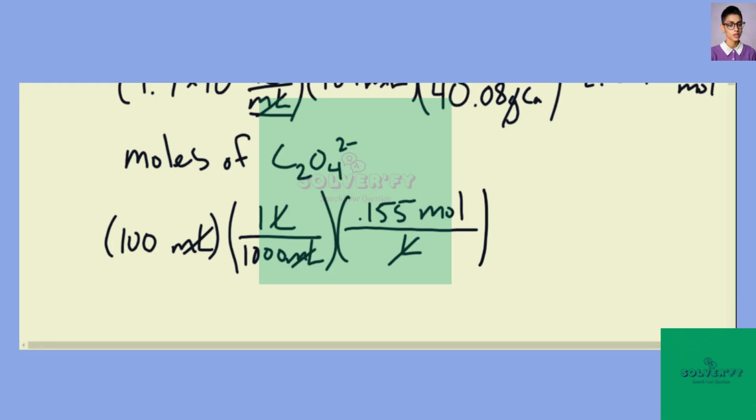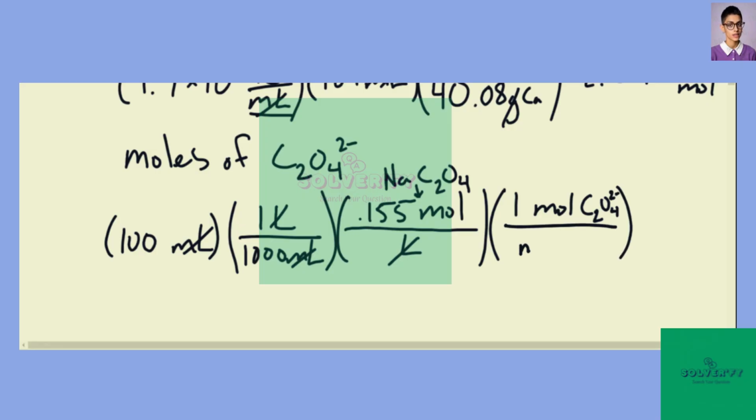And this is for the sodium along with the C2O4. Okay, so what we need to do is we need to take that sodium out by just dividing the 1 mole over this mole of the sodium C2O4.